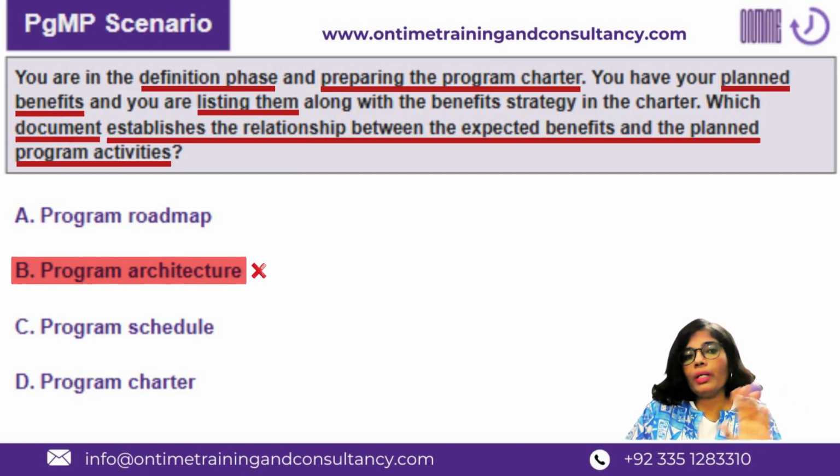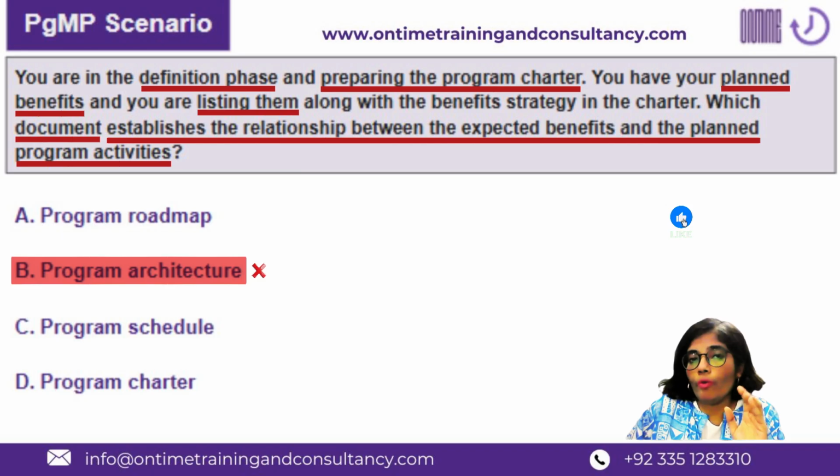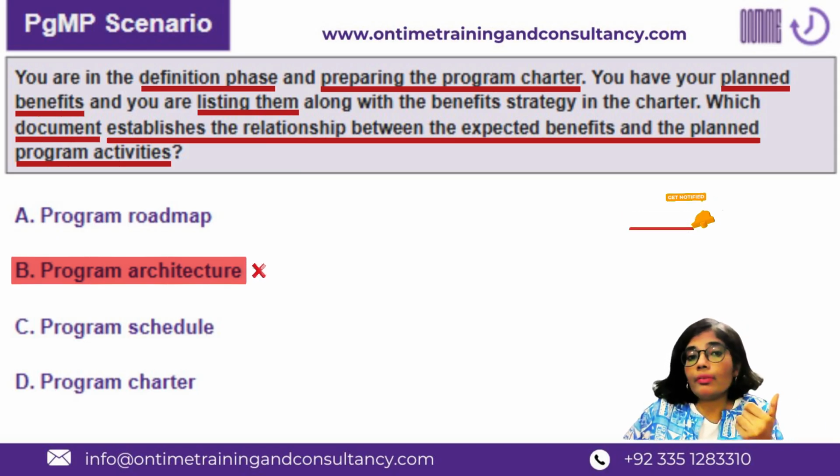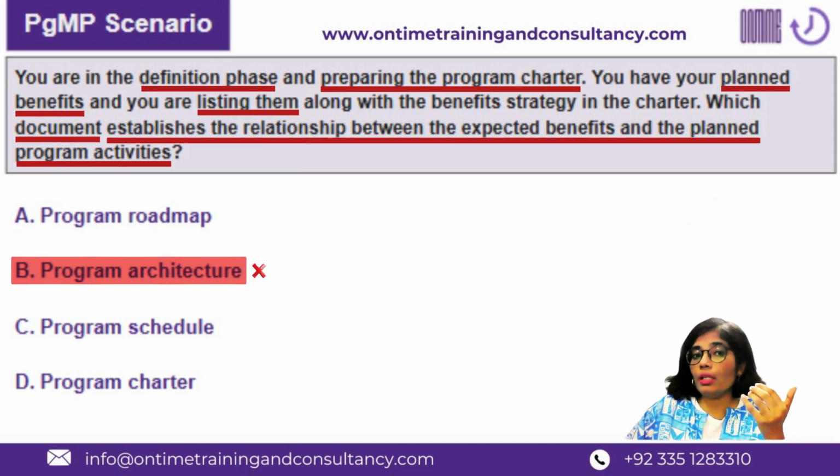I may be wrong, but this is how I explain it to my PgMP students: one way of creating or representing architecture is a roadmap. So yes, this question is asking about architecture. It's asking about a document to establish or represent the relationship between the expected benefits and outcomes and the planned program activities.